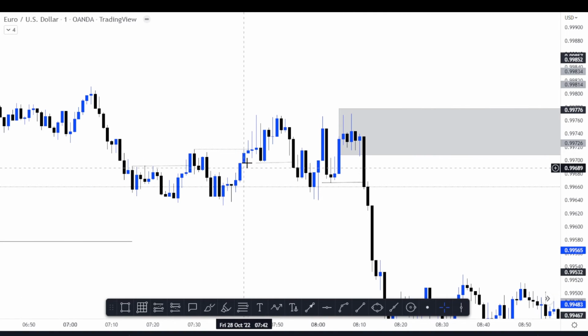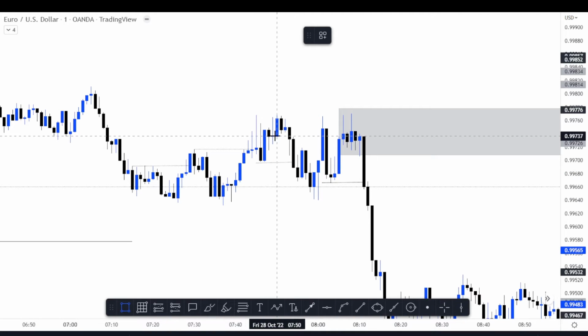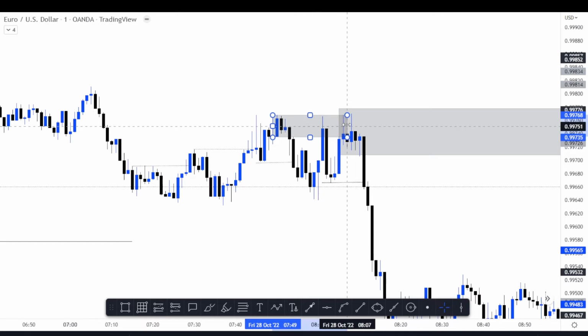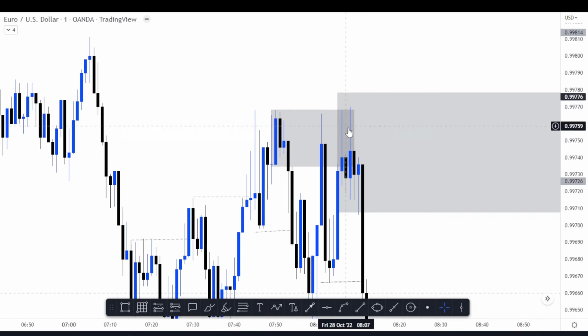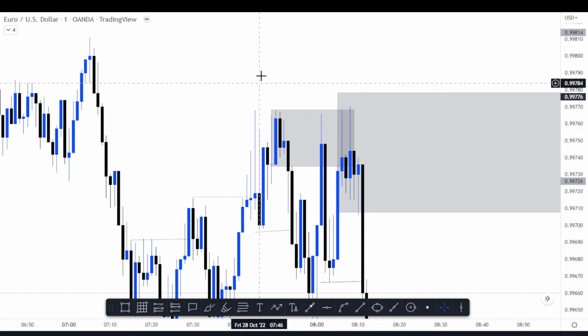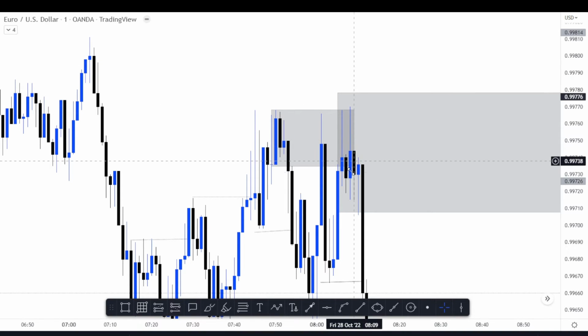But let's say you took a trade from it. Now you would have, this is the order block, right? Maybe you would have gotten away with it. But if you look vividly, there was a hunt of that zone by this wick, right? So automatically, this was the candle that took out all the liquidity.